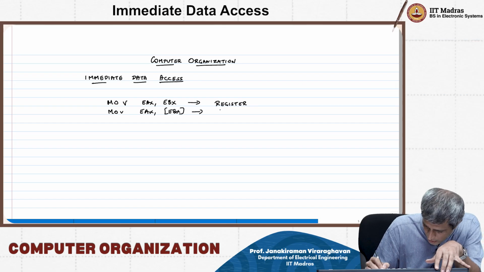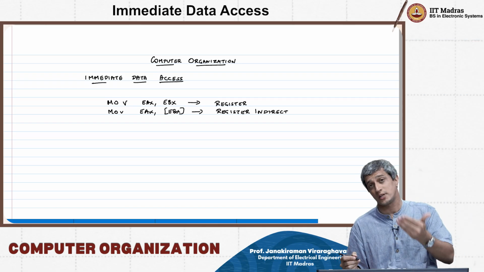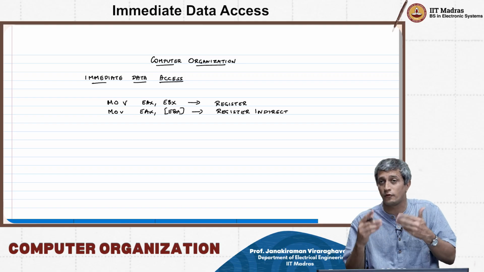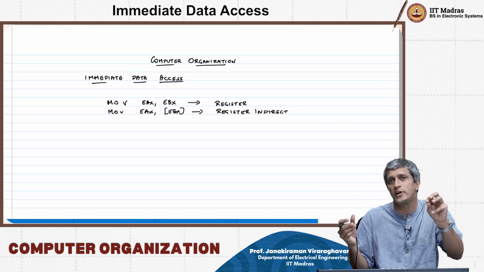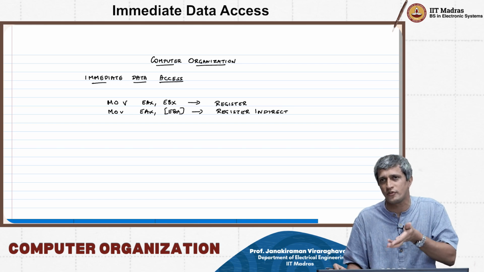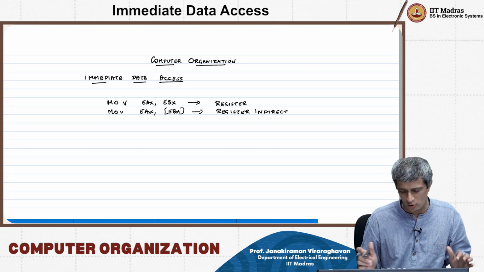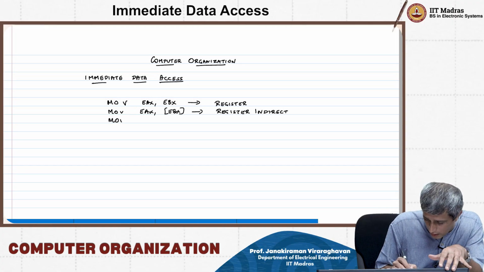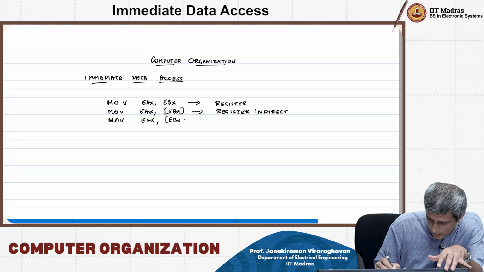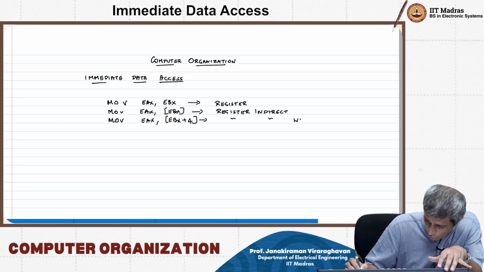This is register indirect, where EBX is used as an address and then you access that address for data and move it into EAX. Of course, the data segment register will kick in to calculate that address. Then we said move EAX comma EBX plus 4. This is register indirect with offset.